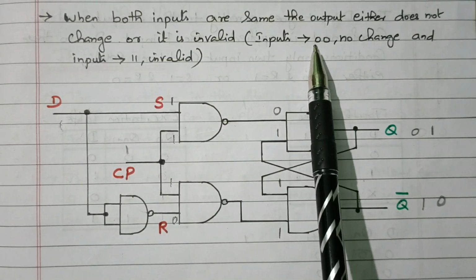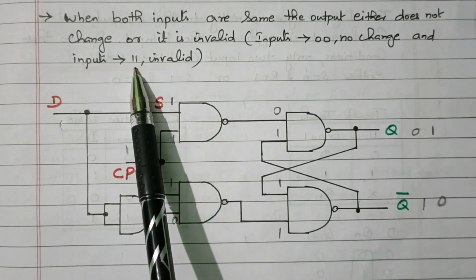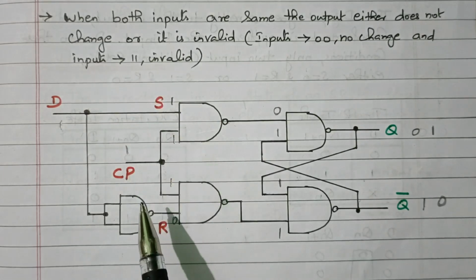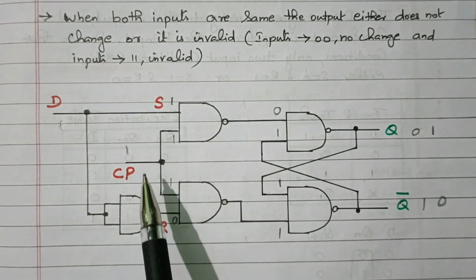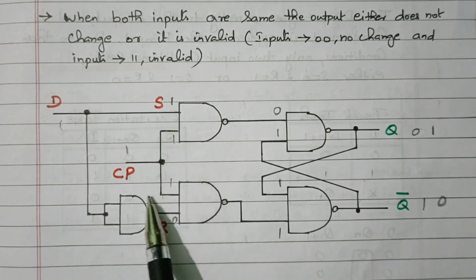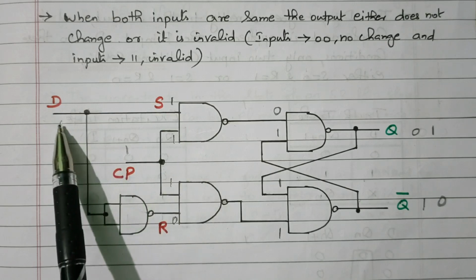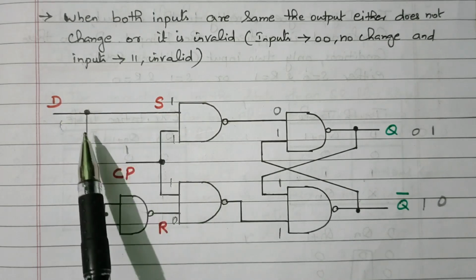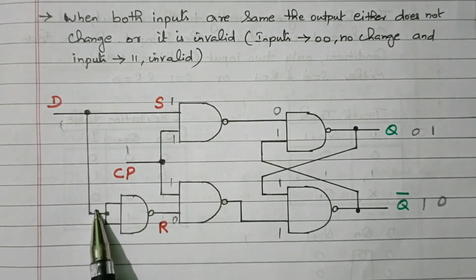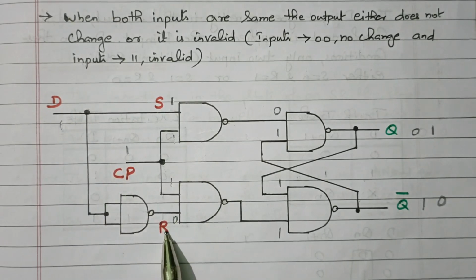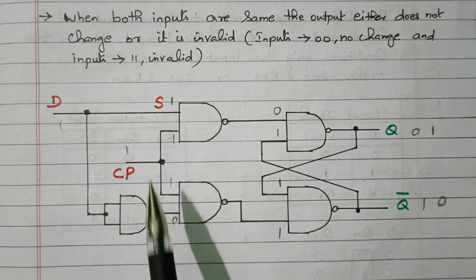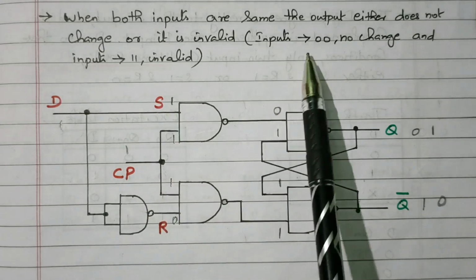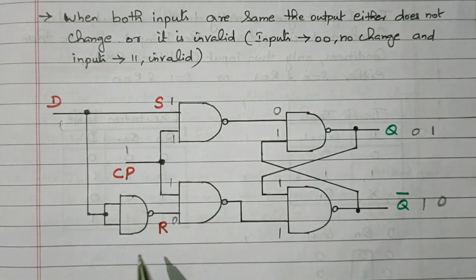No change and invalid cases will not arise. Either 0, 1 or 1, 0 for these 2 inputs. So the D input is given to S, and the inverted D is given to R, so that S and R may be 0, 1 or 1, 0. 1, 1 and 0, 0 will not arise.